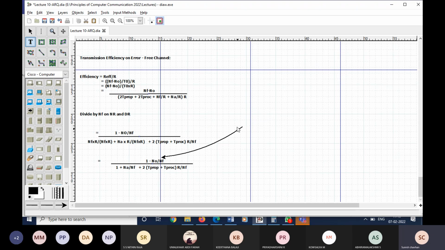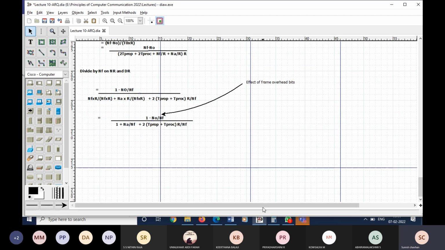So this is the effect. You can write it as here. This is the effect of frame overhead bits, right? That's the reason this term is coming: 1 minus N0 divided by NF, or number of overhead bits divided by total number of bits in the frame. Right? So this is the effect of frame overhead bits. Similarly, you are having in the denominator one more term called NA divided by NF.